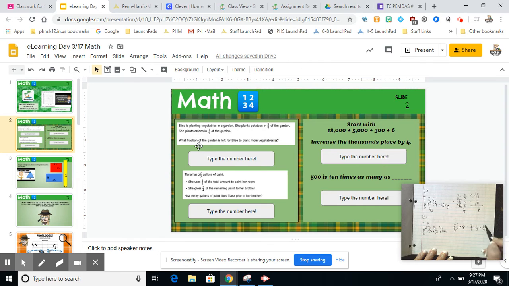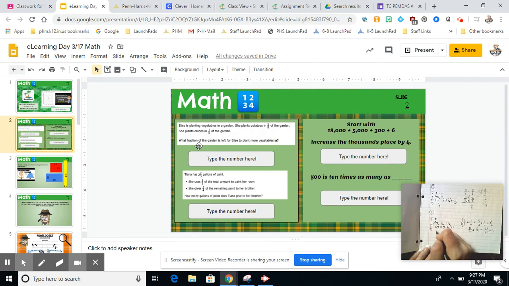But we're not done, because we still have to take this 8/6, which represents this part, and multiply it times 3/4. 8/6 times 3/4, because we're taking 3/4 of this amount that she has left. 8 times 3 is 24, and 6 times 4 is 24, and 24 over 24 is 1. Therefore, she has 1 gallon left.